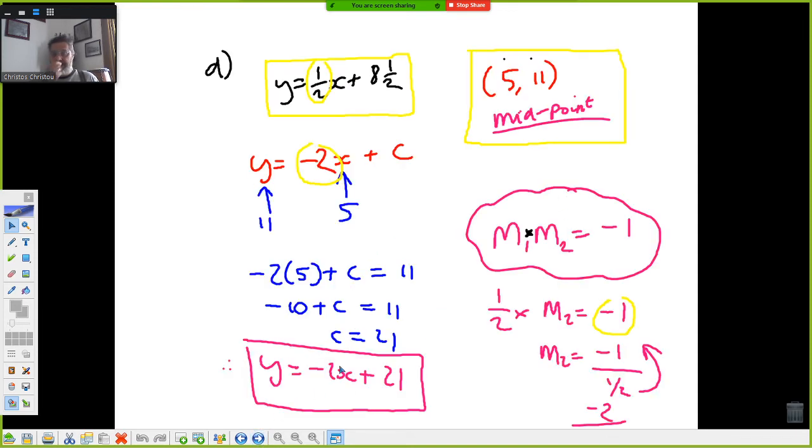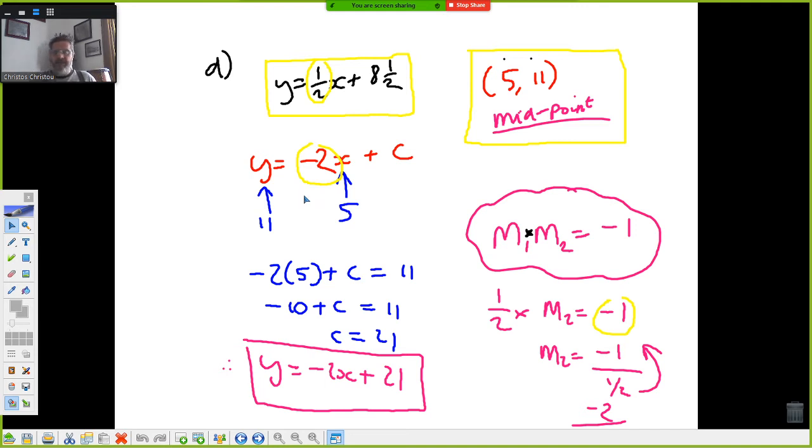So just substitute in. 1/2 times something makes -1. Remember, like in class, you take your half, 1/2, and you flip it, becomes 2/1, but you put a minus in front of it, because 1/2 times -2 makes -1. 1/2 times 2, if you flip it without the sign, doesn't make -1, it makes 1, so that would be wrong.